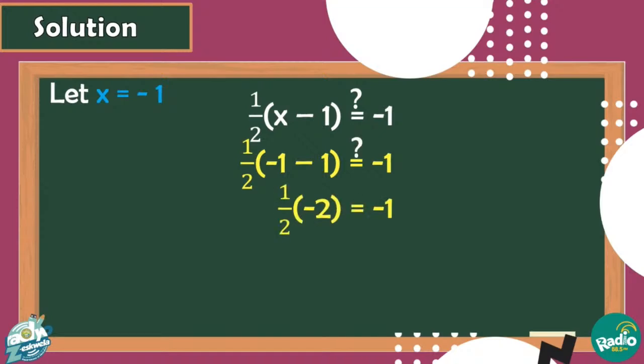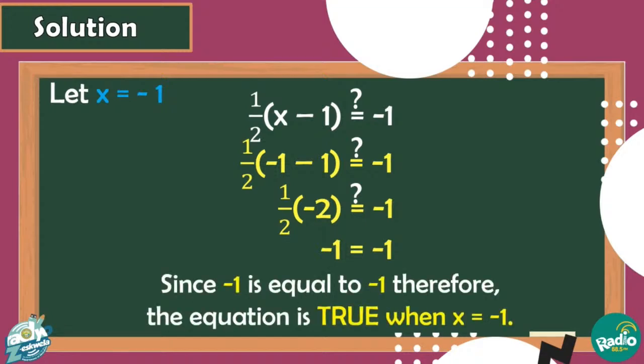By simplifying, we got 1/2 times the quantity negative 2 is equal to negative 1. And by simplifying, 1/2 times negative 2 becomes negative 1, which is equal to negative 1. Is it true? Since negative 1 is equal to negative 1, therefore, this equation is true when x is equal to negative 1.